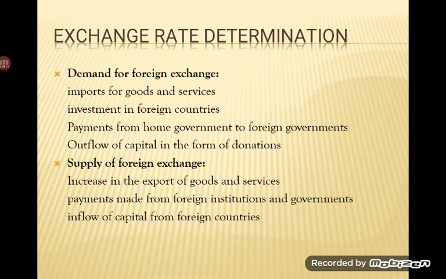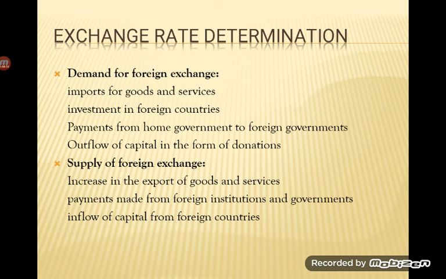Second reason is investment in foreign countries. Suppose India would like to invest in any business activity in a foreign country. When investing, they cannot invest in Indian rupees, but have to invest in foreign currencies only. Then payments from the home government to foreign governments, in the form of donations or any other payments that our government makes to foreign governments.